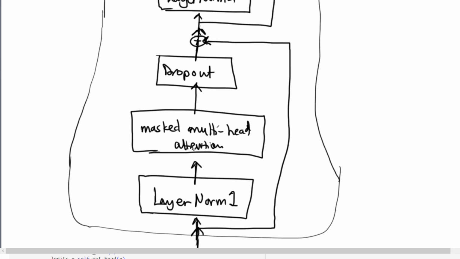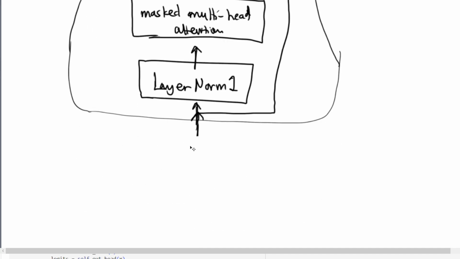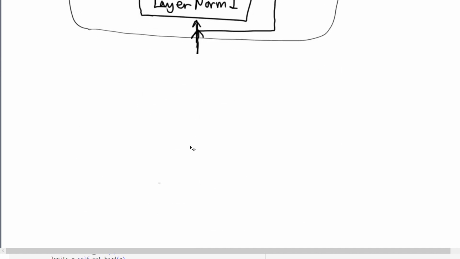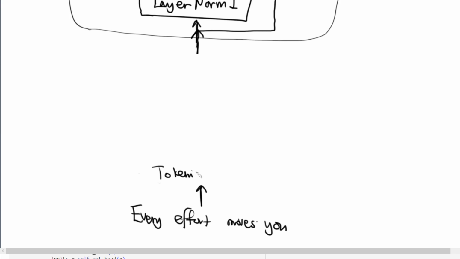We want to explain how we are going to connect this to the transformer block. So you remember that we have our text. Our text is going to be, let's change that to a pen. So our text is going to be every effort moves you. That's the text that we have. So what we are going to do is tokenize the text first.